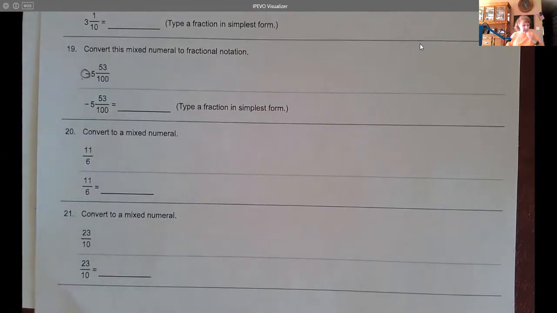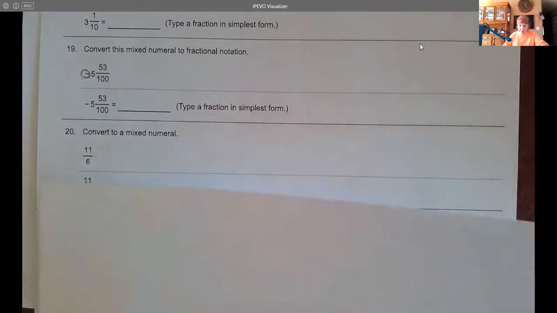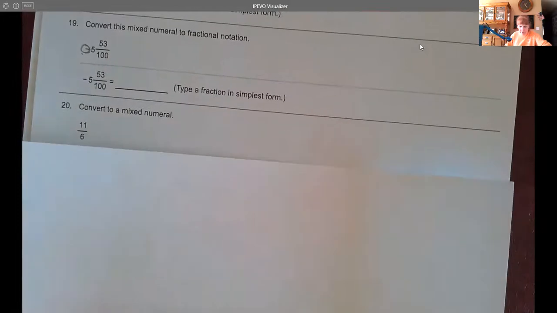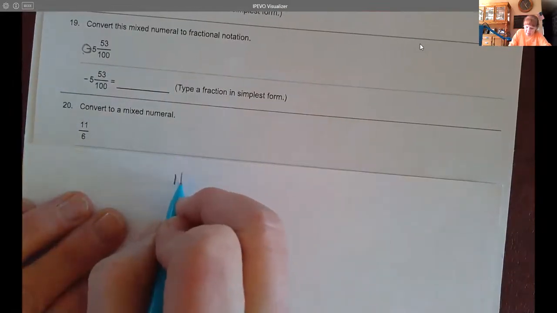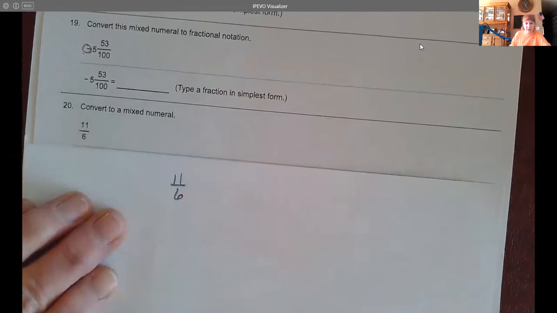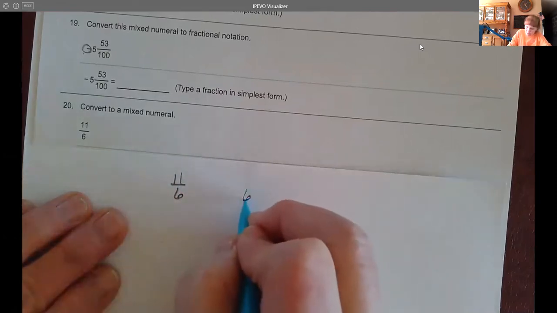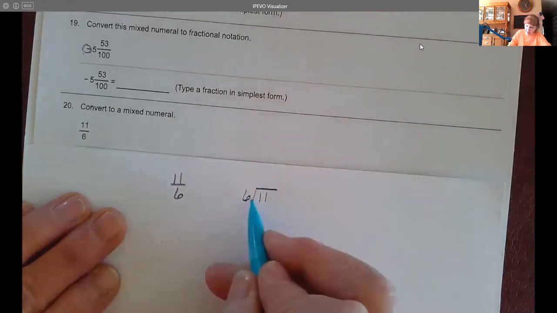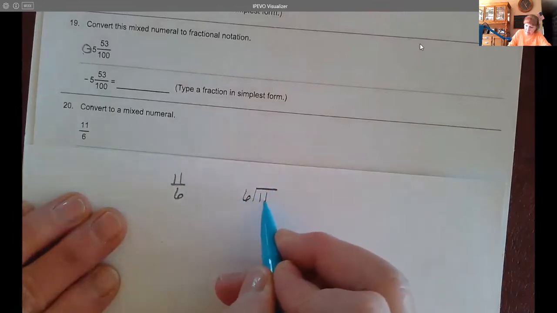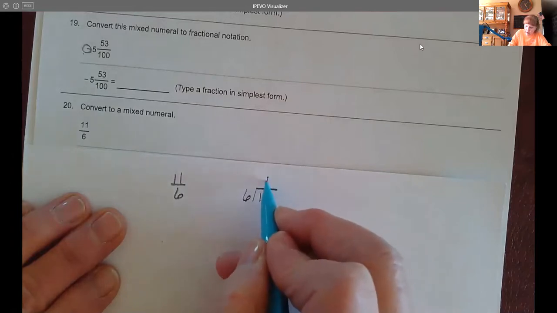Let's look at number 20. They want you to go the other direction. You're given what we used to call an improper, now they just call it a fraction, to a mixed number. So we're going to take 11/6 and change it. So what we're going to do is we're going to use division. Okay, 6 goes into 11 once without going over.